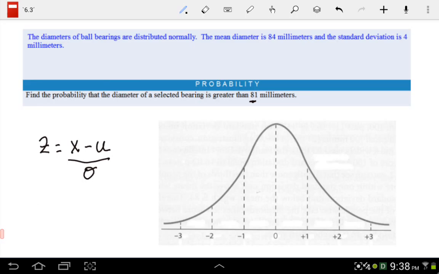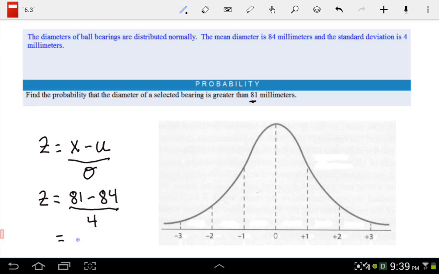So now let's plug this in. x here was 81 minus our mean, which was 84. Notice this is going to be negative, so that makes sense. This is going to be on the left side, divided by our standard deviation of 4.